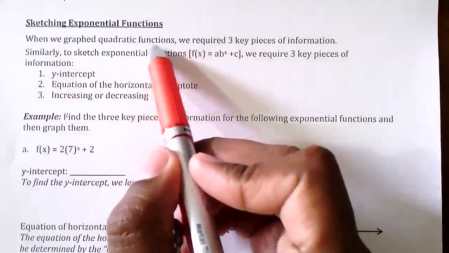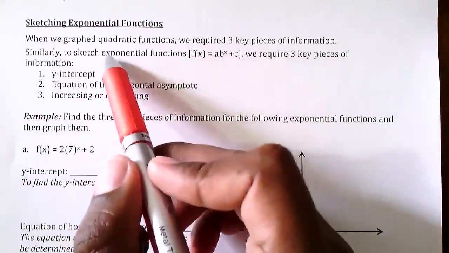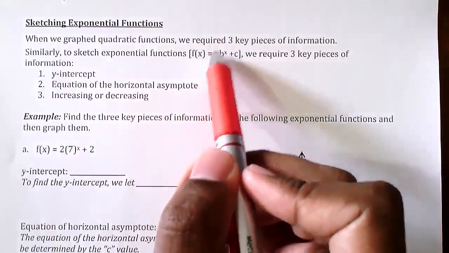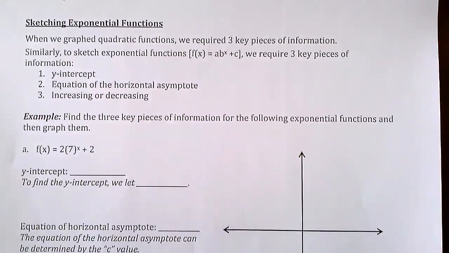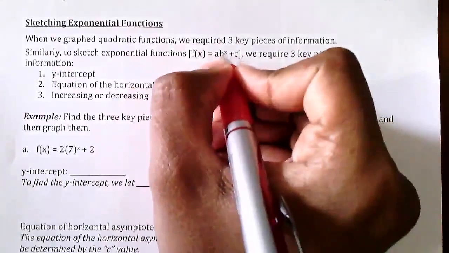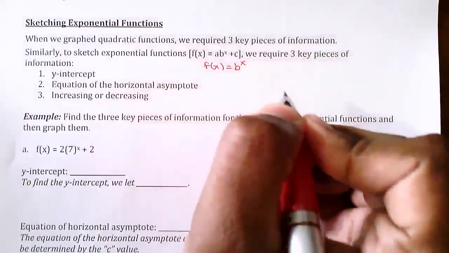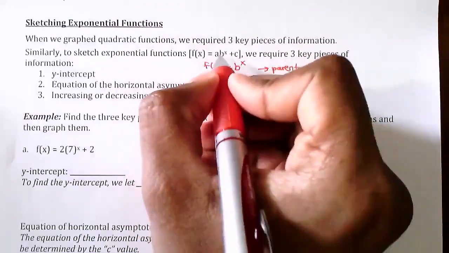When we graphed quadratic functions, we required 3 key pieces of information. Similarly, to sketch exponential functions, f of x is equal to a, b to the x plus c, we require 3 pieces of information as well. You'll notice here that we said f of x is equal to b to the power of x is our parent function. Here we can see some transformations.